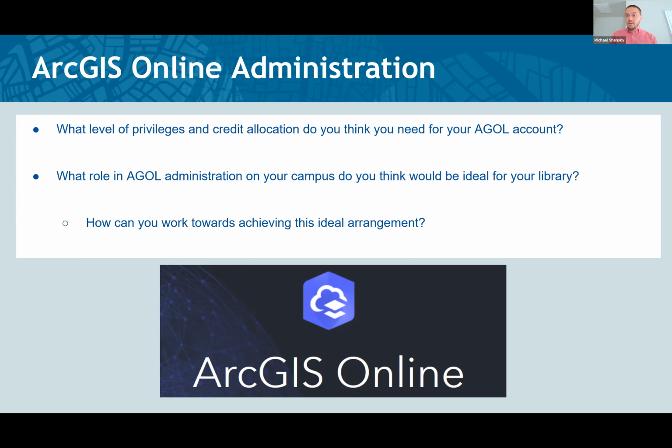Do you think that it would benefit the library and the campus community overall if the library played a greater role in ArcGIS Online administration, or at least had a say in how things were set up and configured? And once you start to think about that ideal scenario, maybe just lay out a tentative plan for how that could be achieved, right? What are the steps you think you could potentially go through to achieve that ideal arrangement?